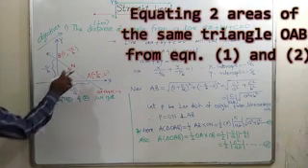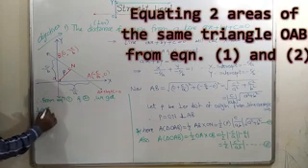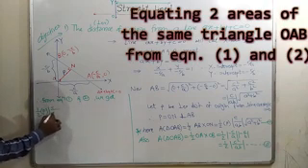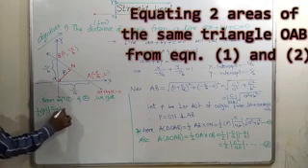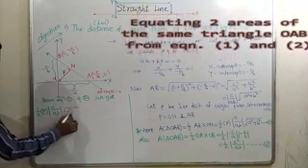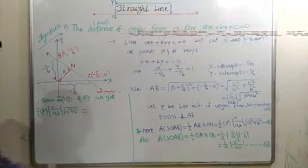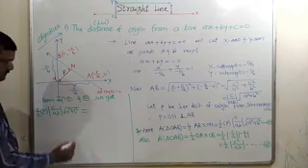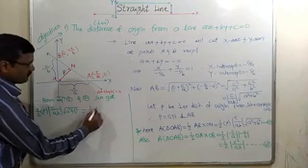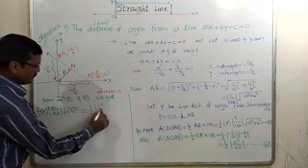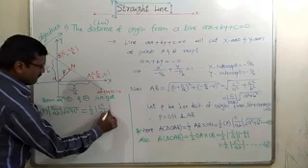P is the distance of origin from the line, into mod of C upon AB under root A square plus B square, is equal to the second equation, 1/2 mod of C square upon AB.